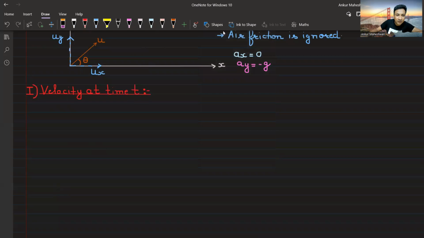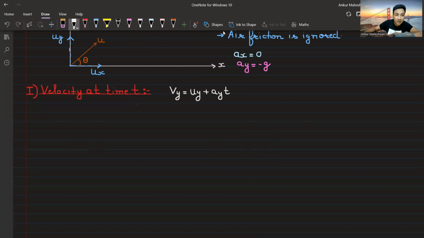Now I need to find the final velocity after time t. We know that its final velocity will have two components, one along the x-axis and one along the y-axis. So let us write the equation along the y-axis first of all. So Vy will be Uy plus Ay t.